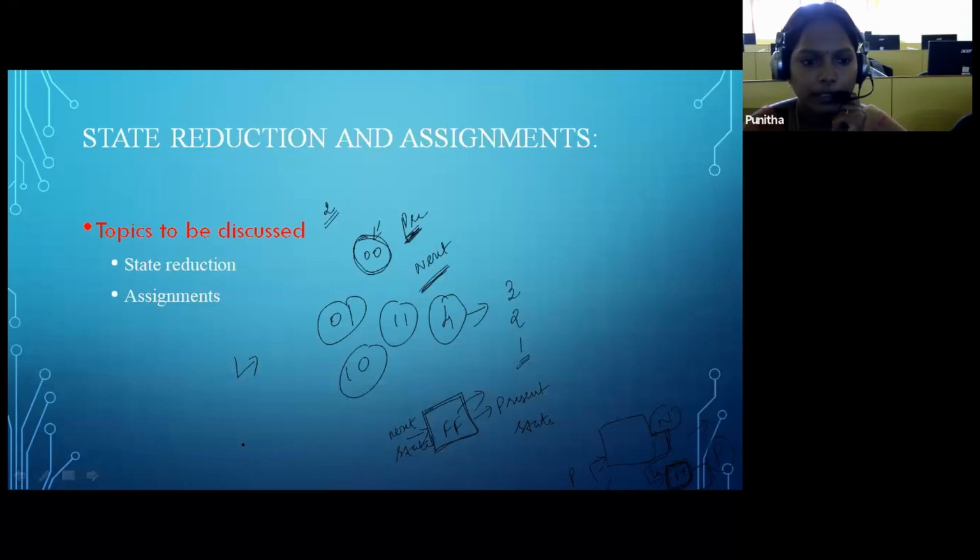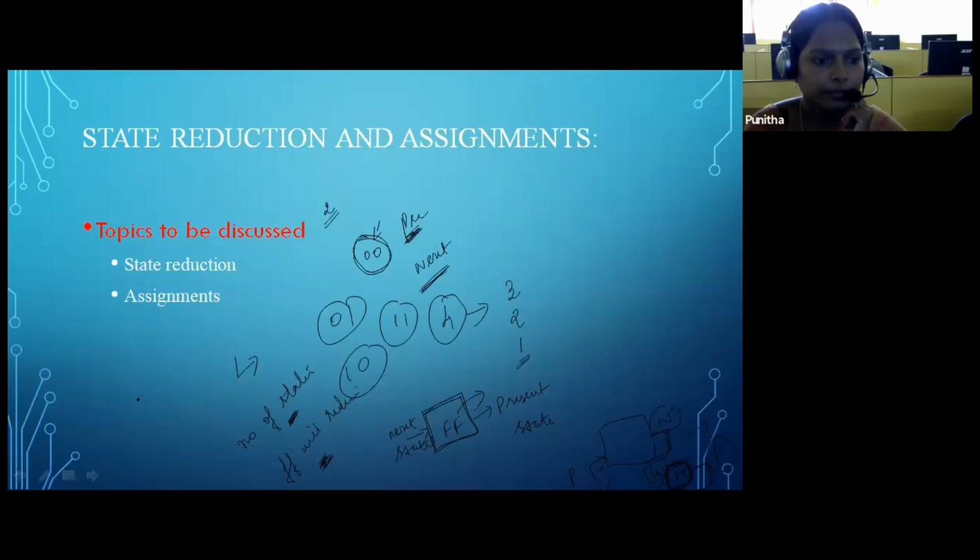By reducing the number of states, the flip-flops will be reduced. For that purpose only, we reduce the number of states. Just have an idea: when we reduce the states, the flip-flops also get reduced.